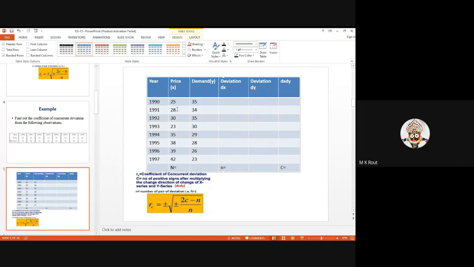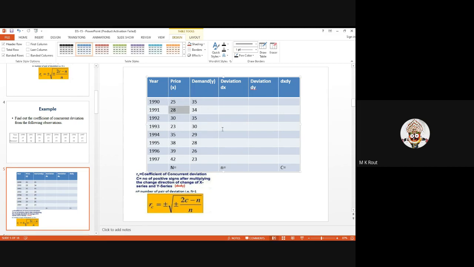If you choose the first one, that is 28 minus 25, what is the value? 3. I repeat, you start from 28, because for 25 there is no need for a deviation, as no previous value is given. Clear? That is why I am taking 28 here.